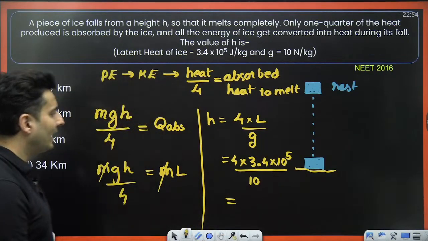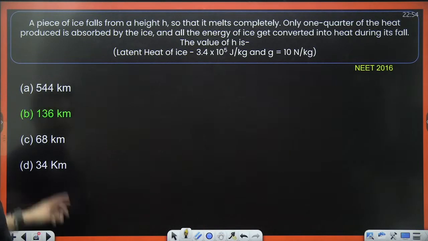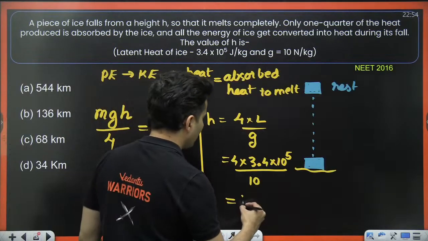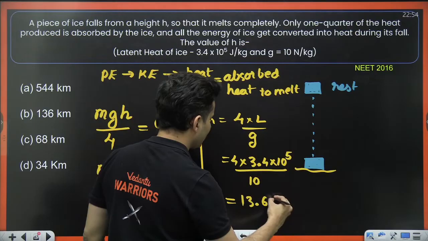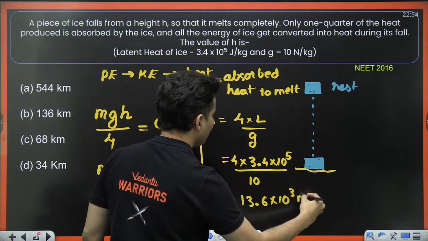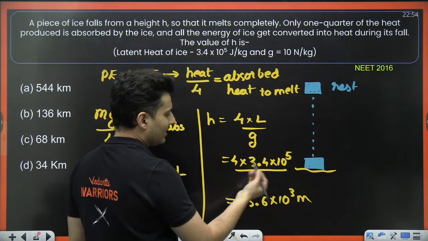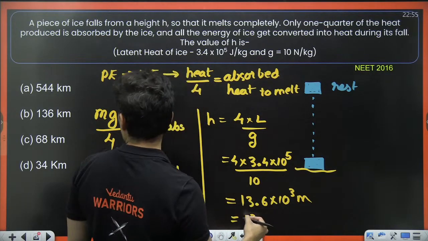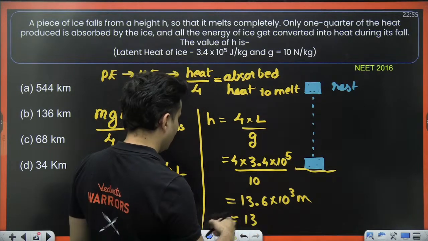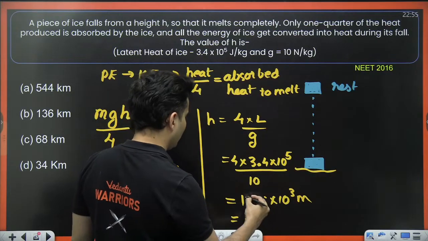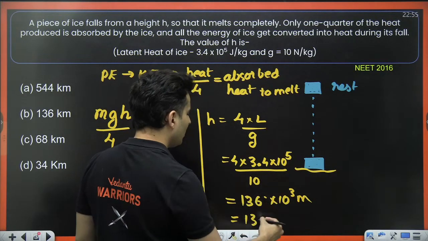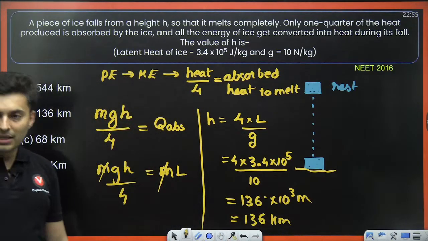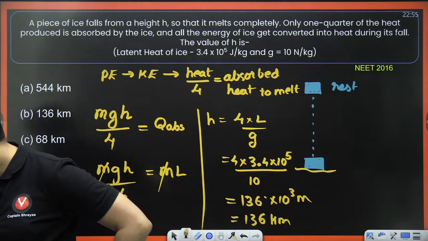Solve this, you will get the answer. 4 3s are 12, so close to 13 point something. So it's 136 kilometers, or 136 into 10 to the power 3 meters is what you should get. Is that okay?